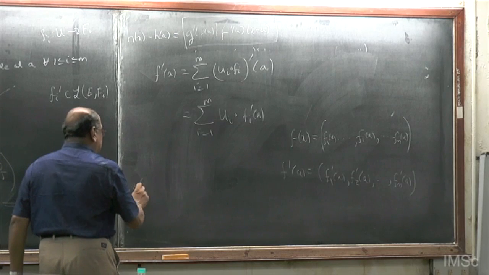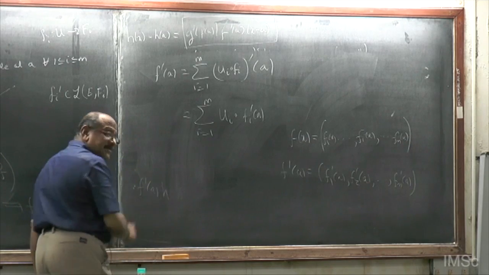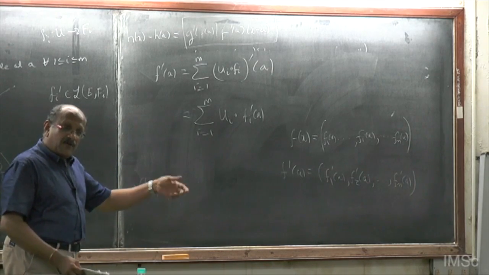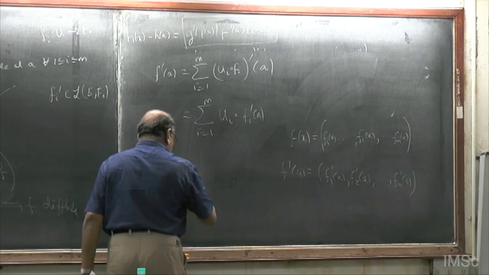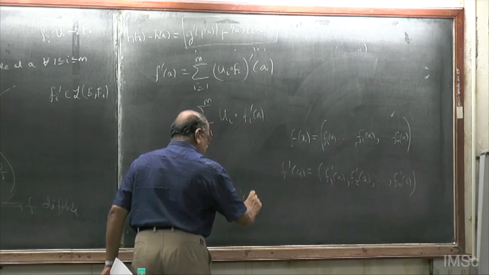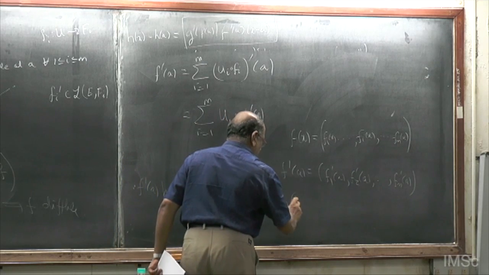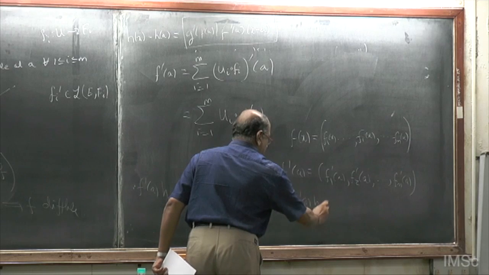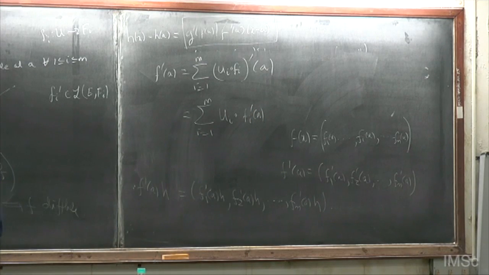This means if I apply f dash a to any h, it must go to f, which is a product space, and that point will be just f1 dash a of h, f2 dash a of h, fm dash a of h. So, it is very easy. If the range space is a product space, then the derivative is nothing but you simply take the coordinates as the derivatives of the coordinate functions.